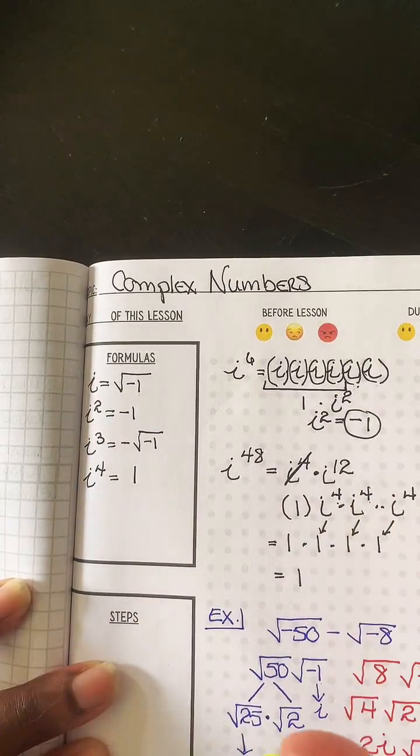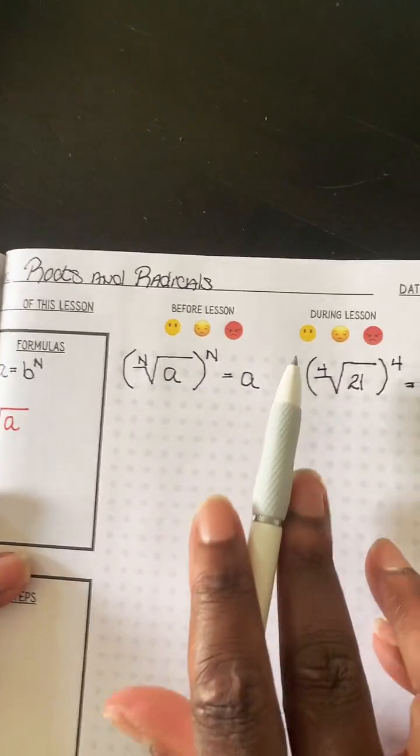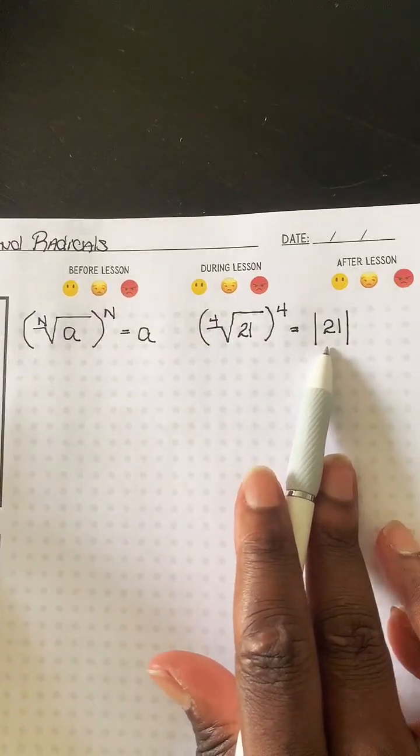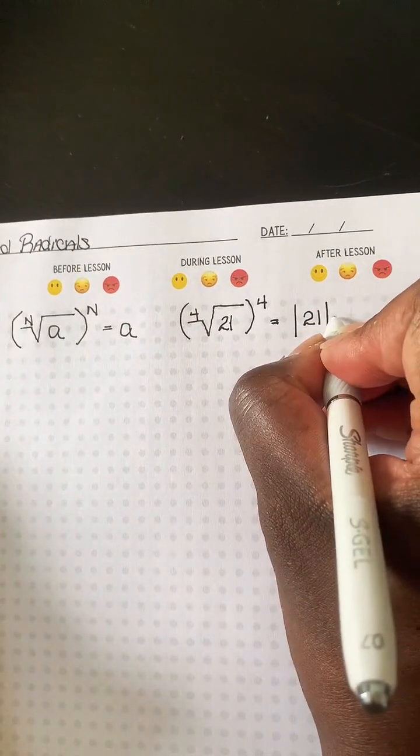So everything seems to work out well when it's an odd number. But if we have an even root, you have to take the absolute value of your answer.